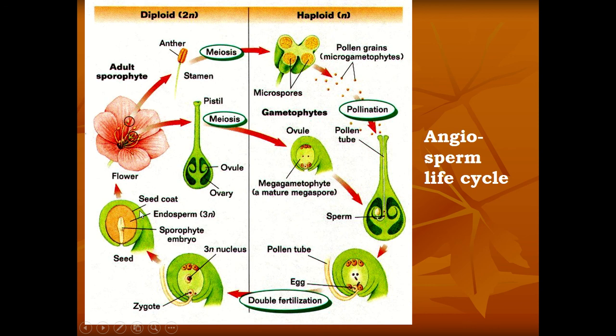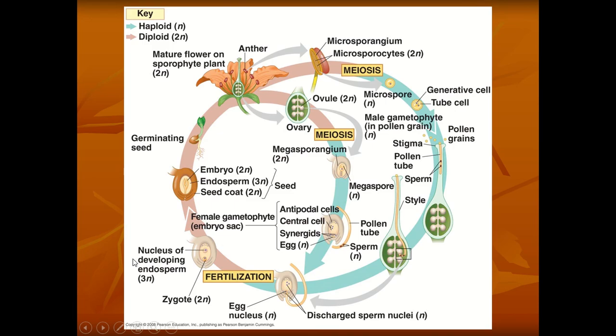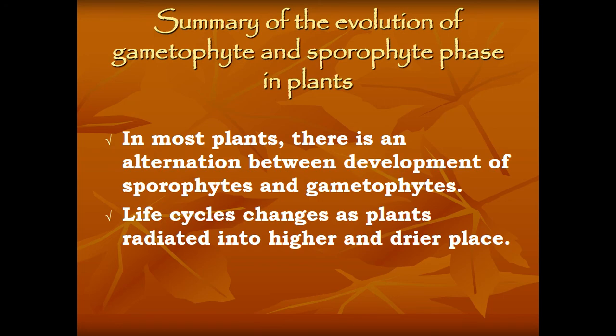The fertilized zygote will become the embryo in the seed, and the ovary will become the fruit. Okay, so this is the same.